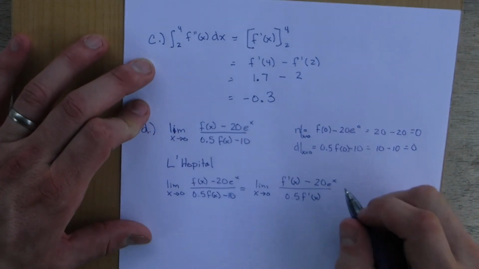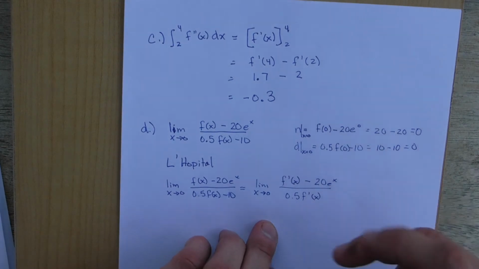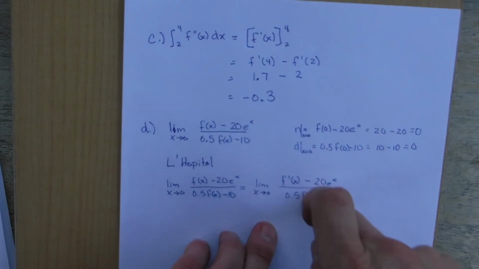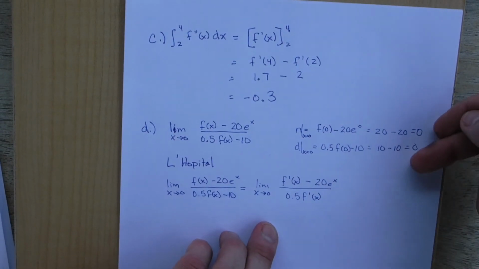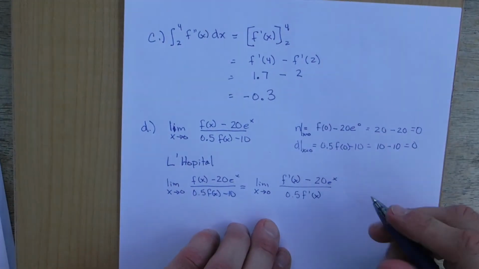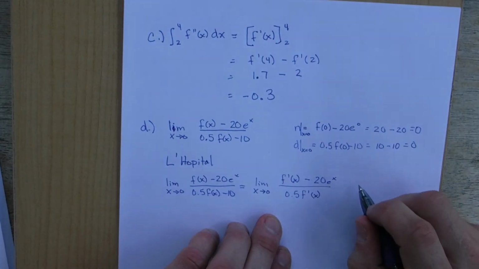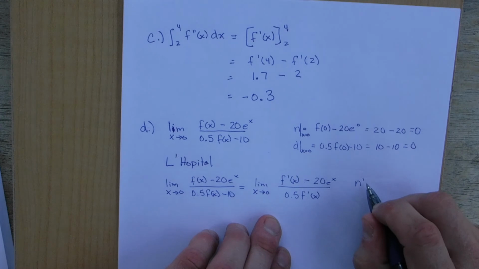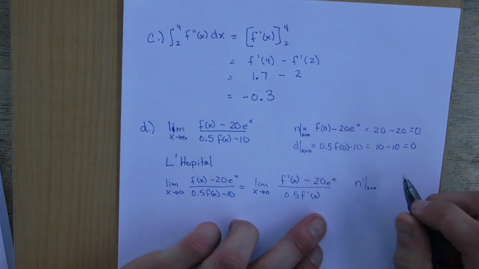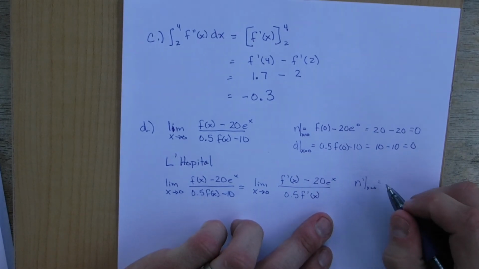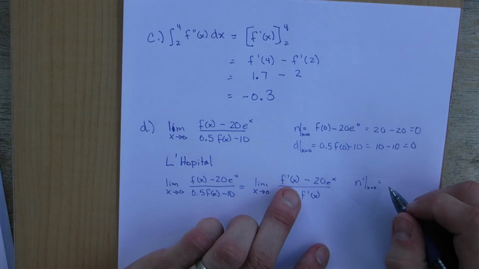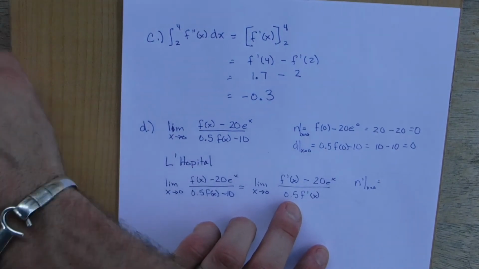So now let's investigate what this is. And again, this can go all day. We can take the derivative again if we get a similar situation as we did up here. So let's take a look at n prime at x equal to 0. That would be f prime of 0 minus 20 e to the 0.